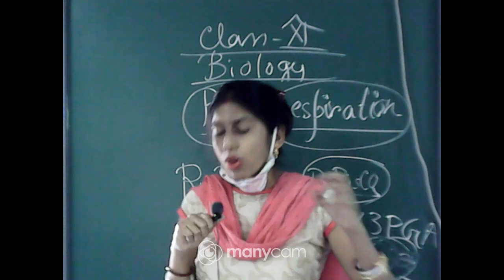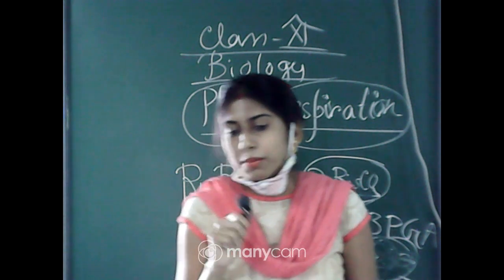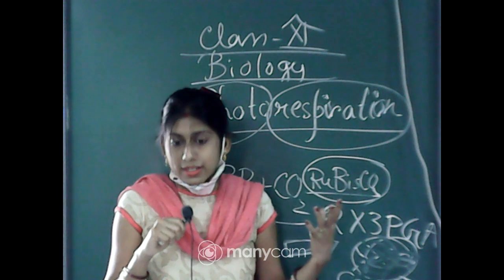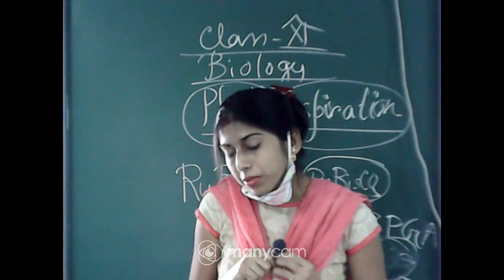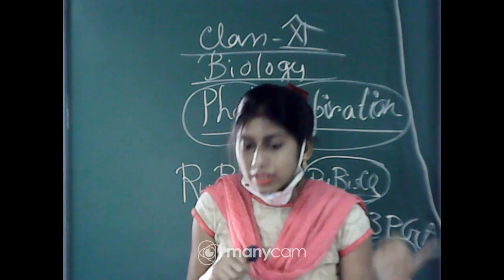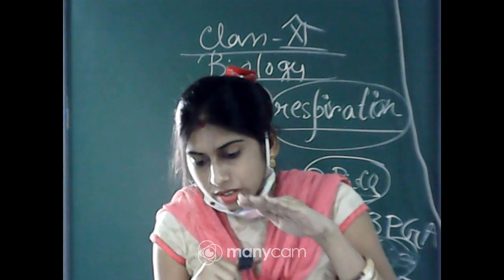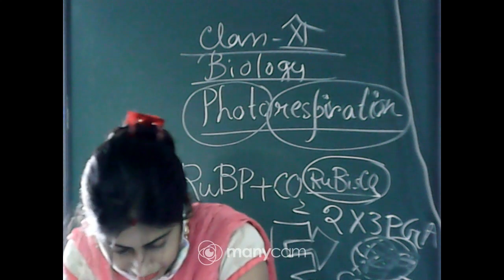So if the active site is occupied, the enzyme will not be able to bind anything else, so it will not be able to fix carbon dioxide, because it can no longer act as carboxylase. So carbon dioxide fixation will be decreased in C3 plants.